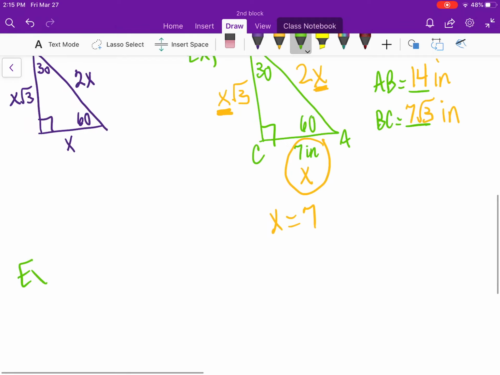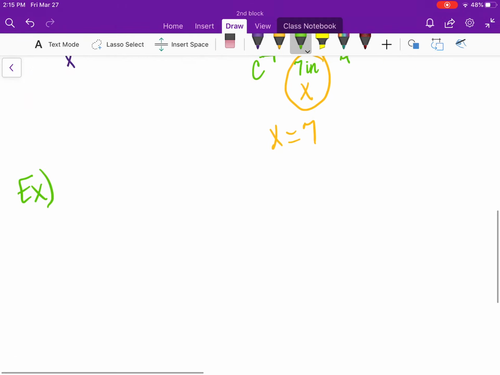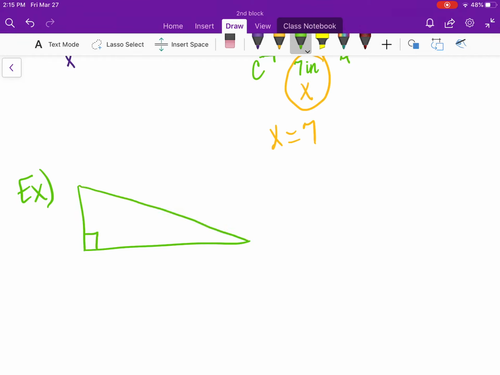Okay, another example like that. This time we're given, let's see, A, B, C again.